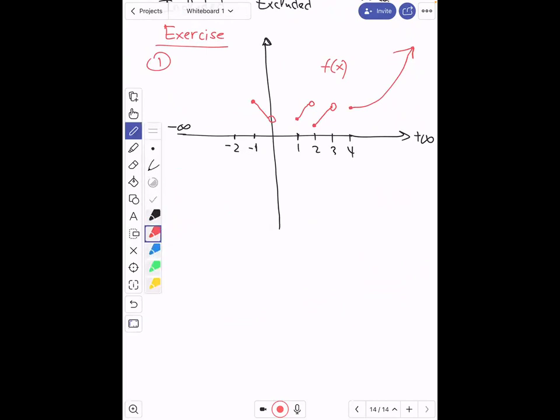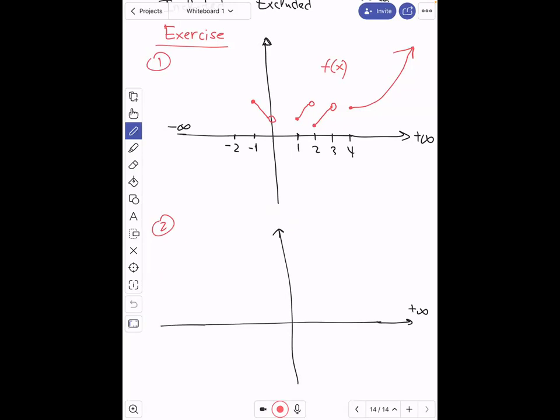Second graph, number 2. All right, so positive infinity. One, two, and then here's my graph.